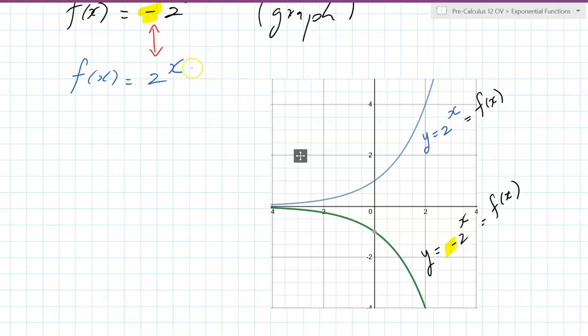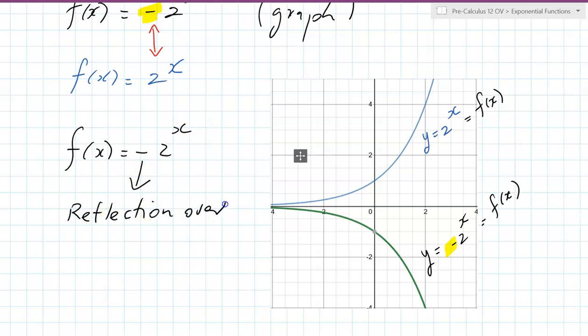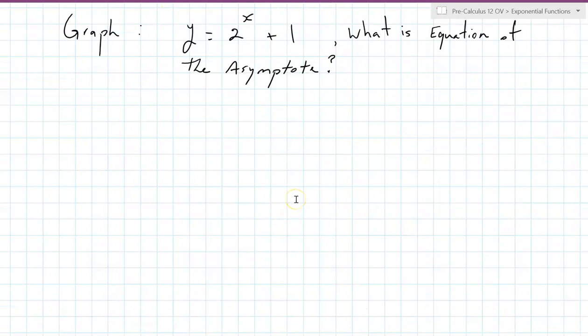So make a note: when f(x) equals negative 2 to the x, that is the reflection over the x-axis.